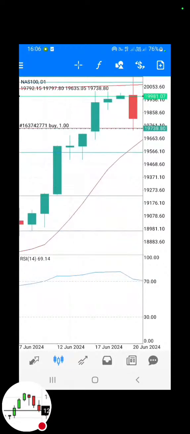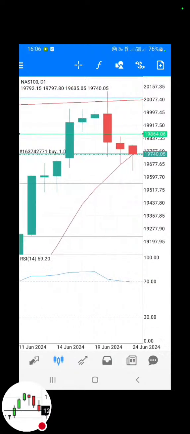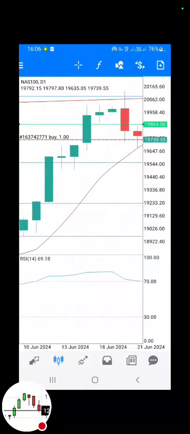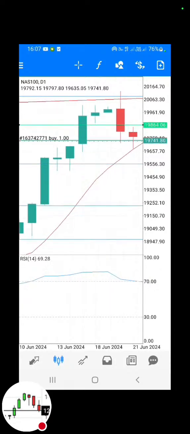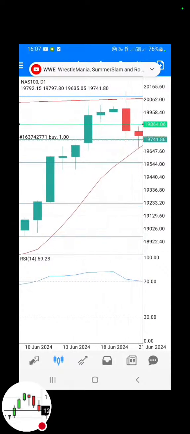So we have a strong bearish candlestick, which is a strong sell, a red candlestick or a seller's candlestick. We also had a hanging man candlestick in the middle of a downward trend, a reversal, a new trend.